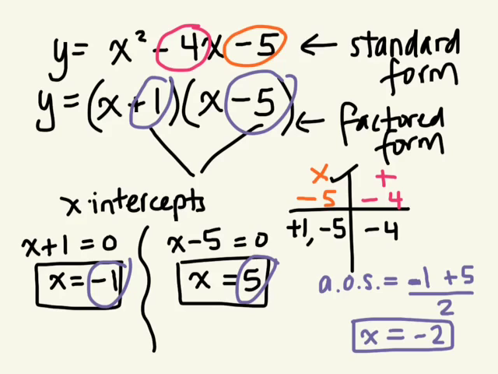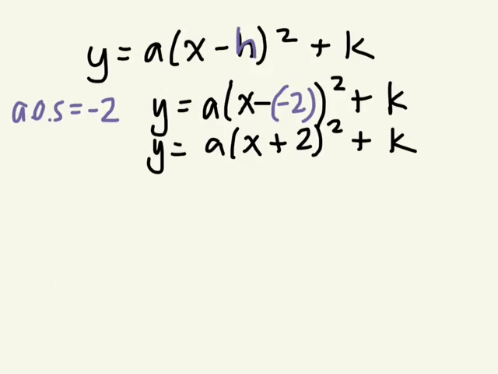I was using the other intercept. It should have been 2, so it's actually what? x minus 2. Sorry about that. Well, we know the x value of the vertex, right?